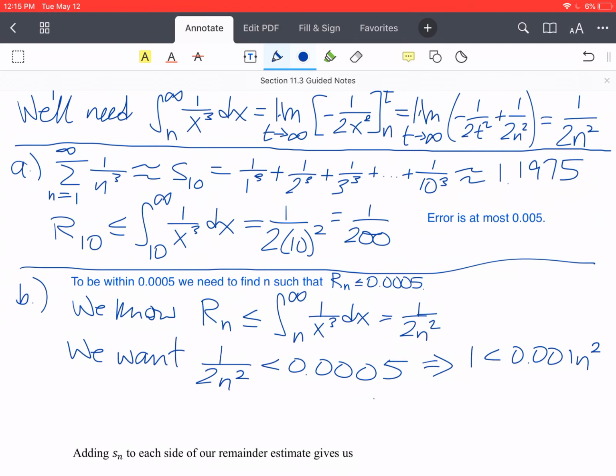Divide by that 0.001, so we get n squared is greater than 1 over 0.001, excuse me, one too many zeros. 1 over 0.001 is 1,000, because 0.001 is just 1 over 1,000. So taking that reciprocal, that's just 1,000.